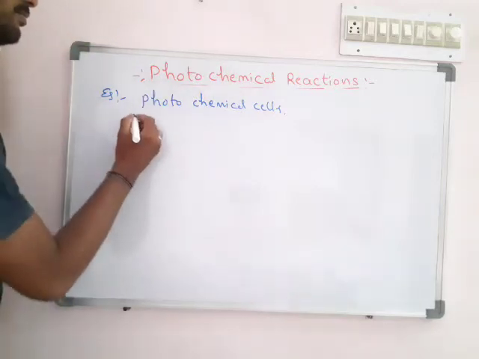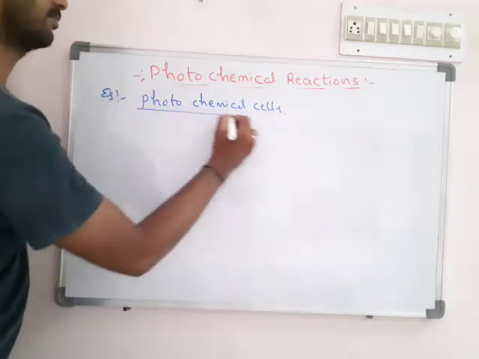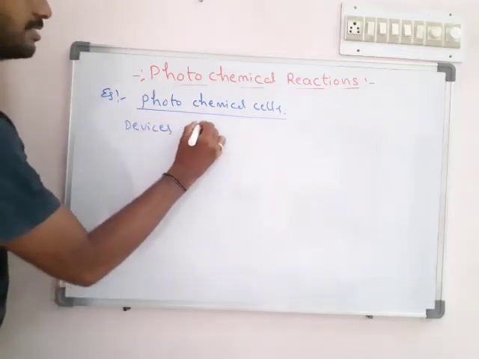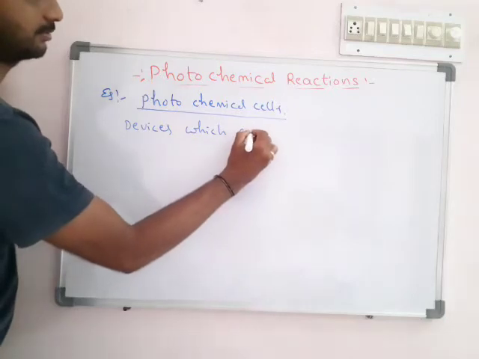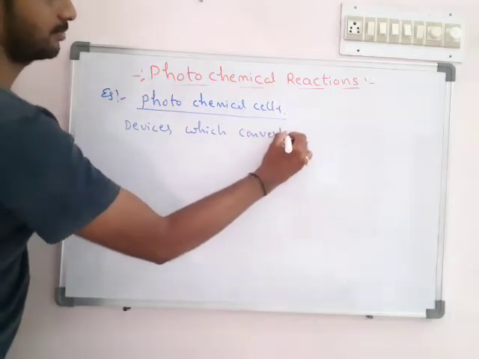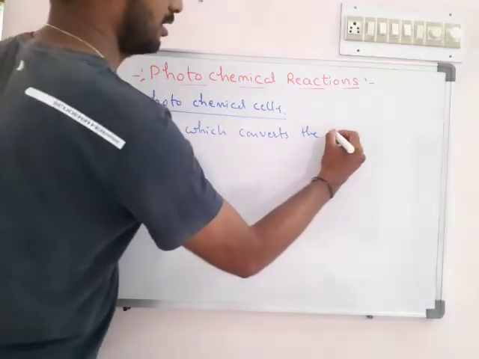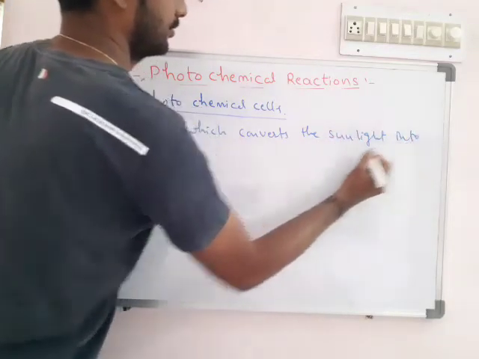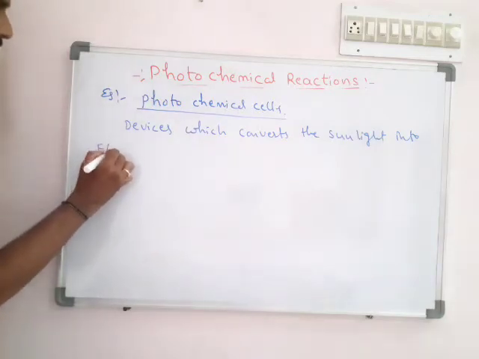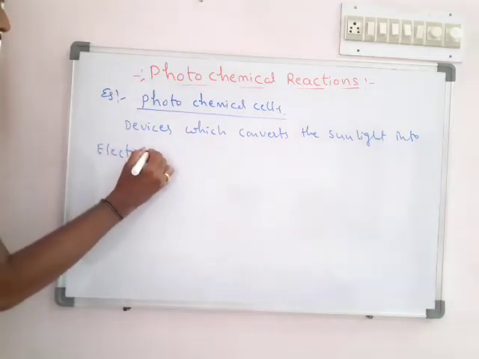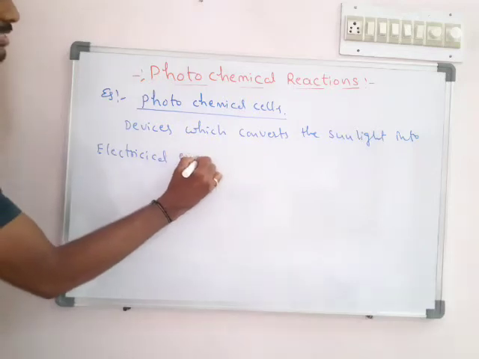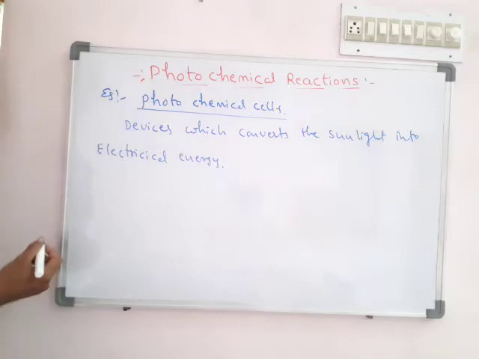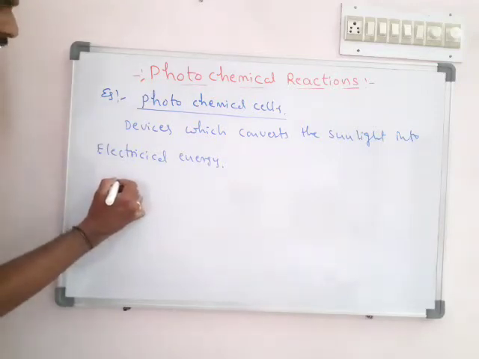Okay, devices which convert the sunlight into electrical energy are called photochemical cells. Okay, means photochemical cells means normal the solar lights.